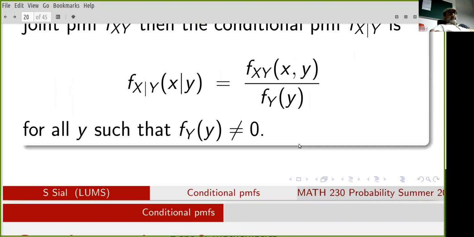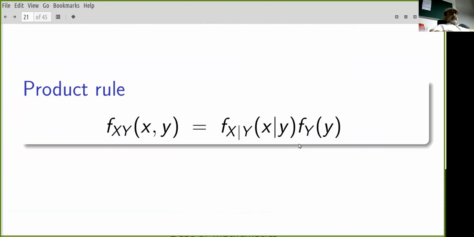If we multiply both sides by the marginal, we get that the joint PMF is equal to the conditional PMF times the marginal PMF.